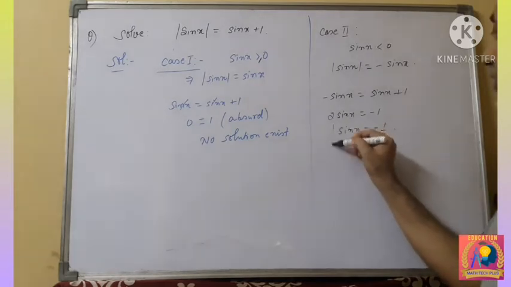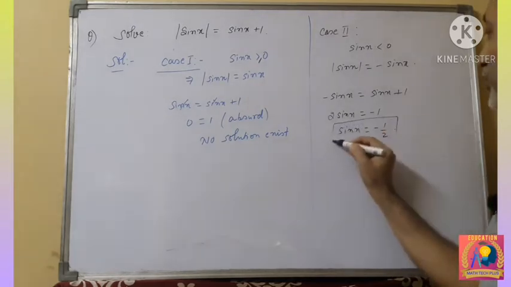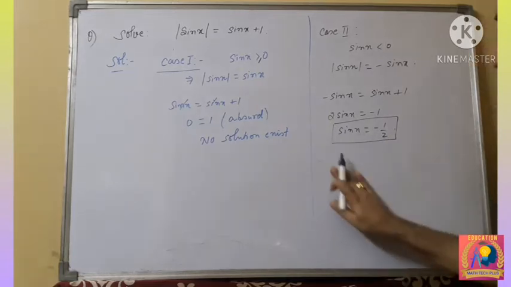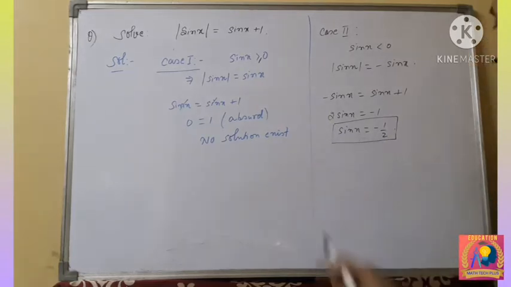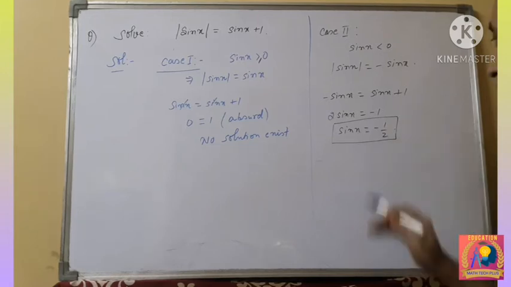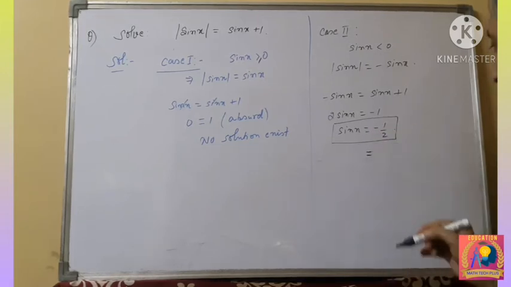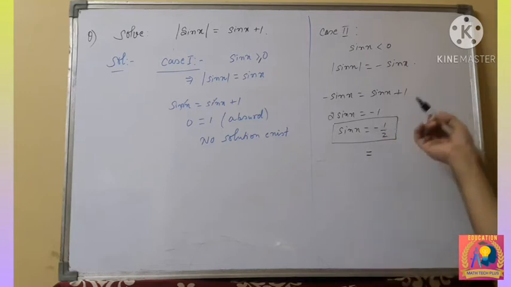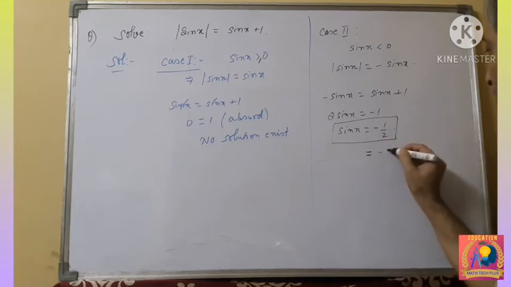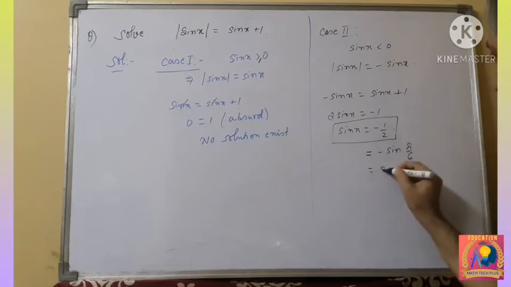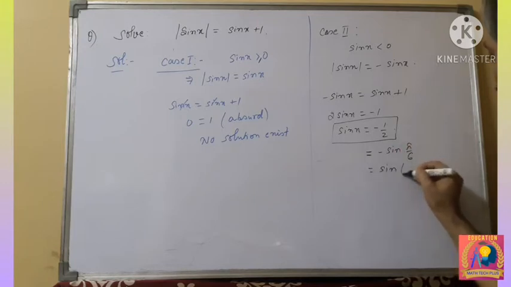Now it is in the form of a trigonometric equation, so by applying trigonometric rules we are going to solve this. The minimum value at which sin theta is minus half is theta. We can write it like this: minus sin theta equals sin of minus theta.